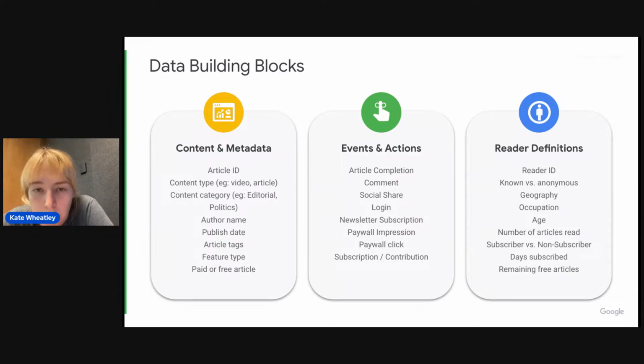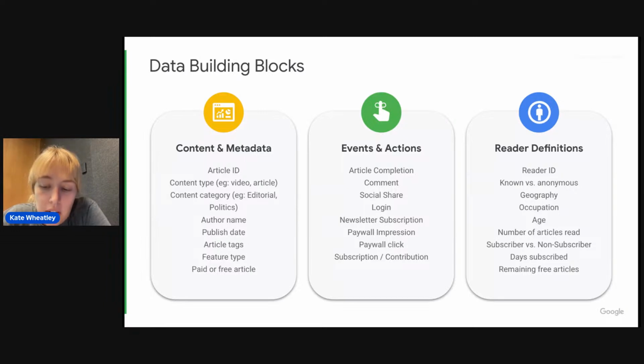And the final building block we have is reader definitions. These are generally going to be user properties, user level definitions. The first one being reader ID. This is probably more generally known as user ID, but all it is is a unique identifier for your reader.